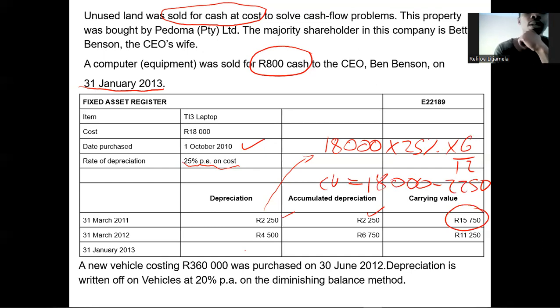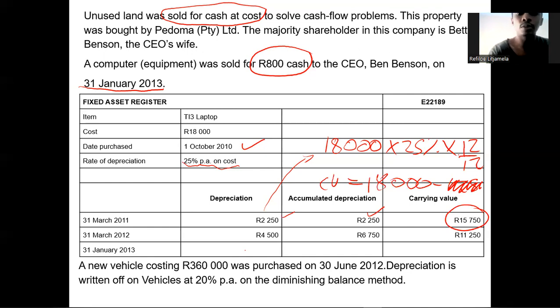For the second year, running from the 1st of April 2011 to the 31st of March 2012, you use it for a full year. So when we calculate depreciation for that year, we simply multiply by 12 over 12 because we have used it for the full year. That gives us a depreciation of 4,200.